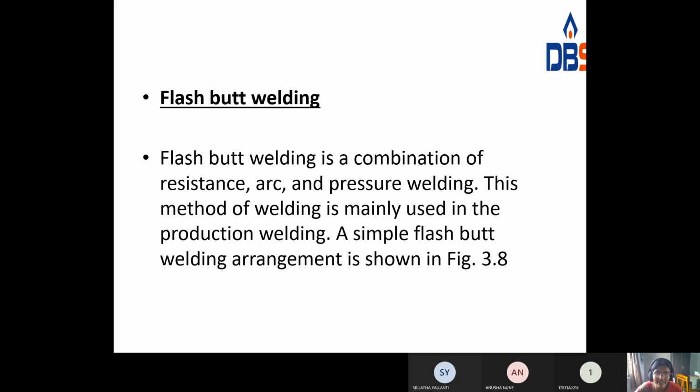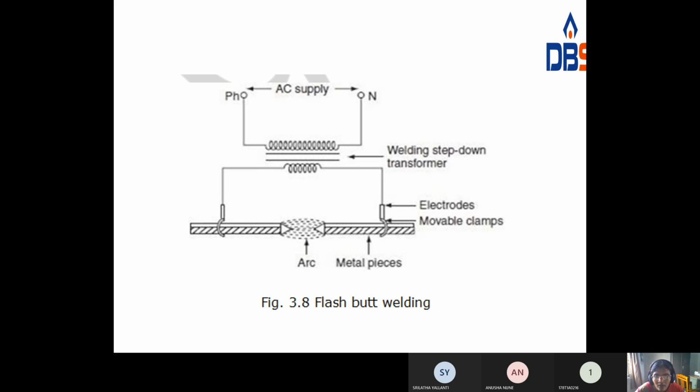A simple flash butt welding arrangement is like this. You give a single phase AC supply through a step down transformer, and through clamps you place the two electrodes, maintaining some distance between them.